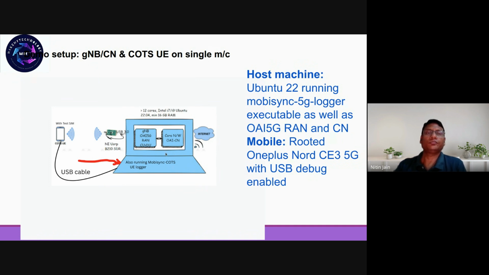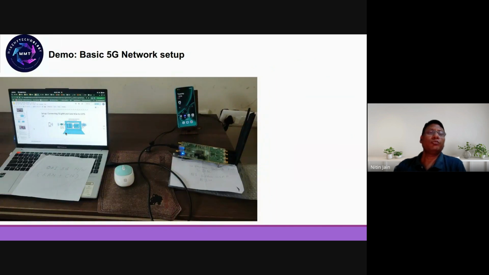This is how my table looks: the laptop i9 machine, the SDR connected through USB 3.0, and through another USB port I have connected the COTS mobile.